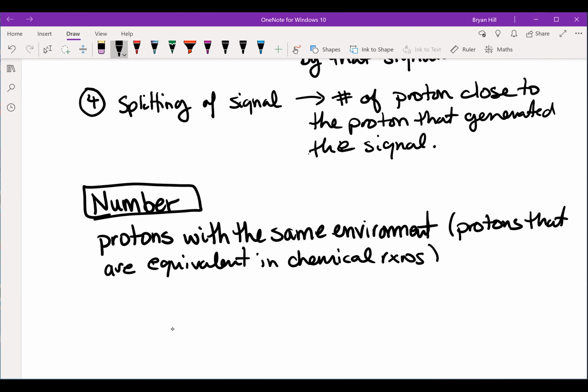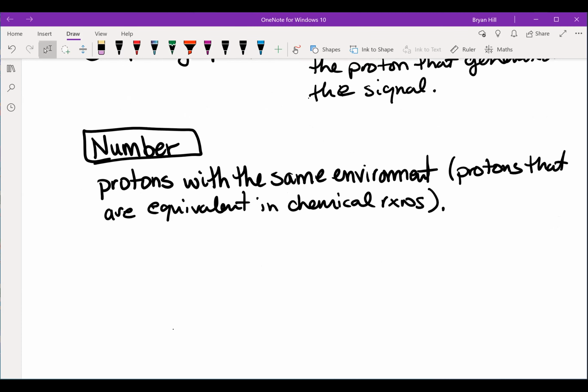So protons with the same environment, so they're equivalent in chemical reactions, are said to be equivalent. So these would be chemically equivalent, and they should resonate at the same field strength.